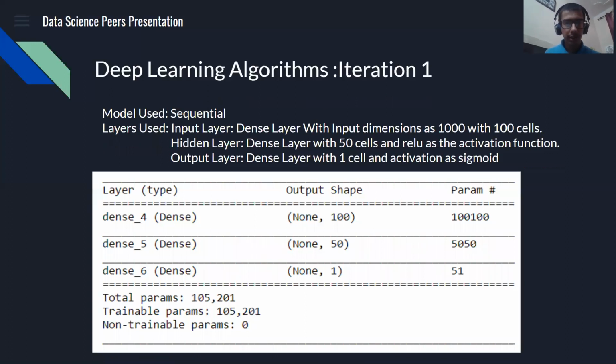So the dense layers with input dimensions of 1000, you can see this after the model summary, we had around 1,05,201 parameters for the 1000 input dimensions.